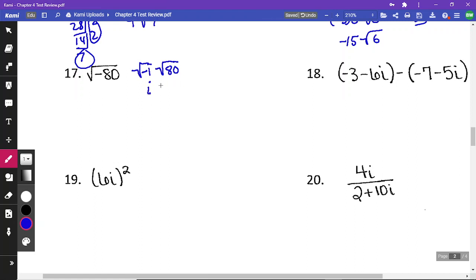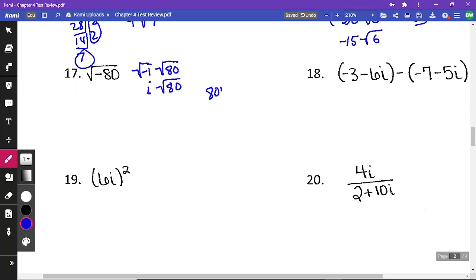By definition, that's what it is. And you have the square root of 80. So now we can simplify this. There is no negative under the square root anymore, okay? Because we split it up into the square root of negative 1 into this other radical, and we simplified that to i. And now we need to simplify the square root of 80, which we'll do over here.